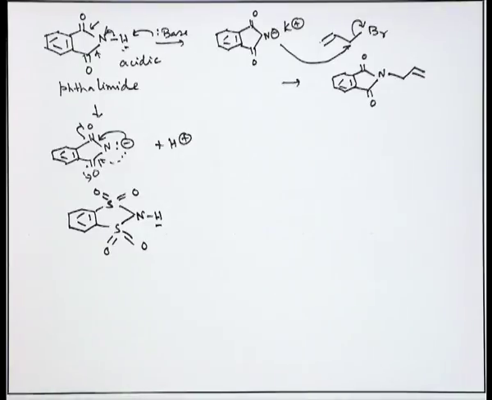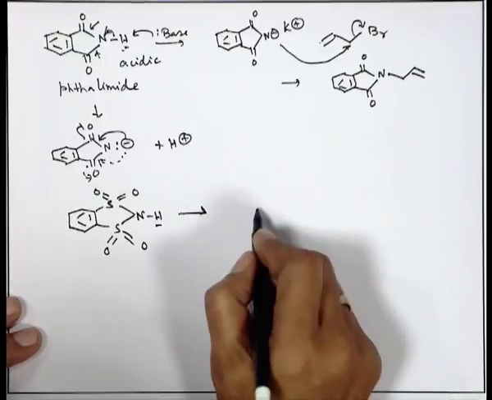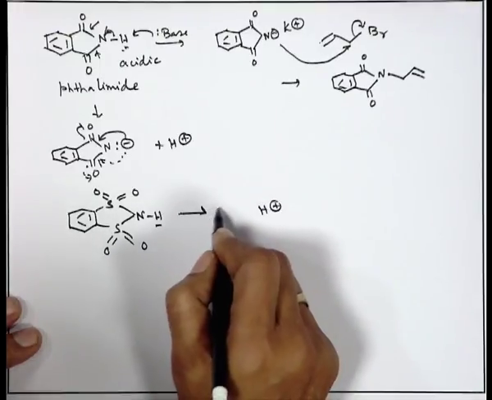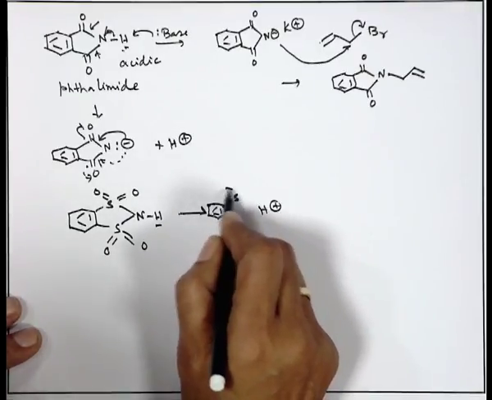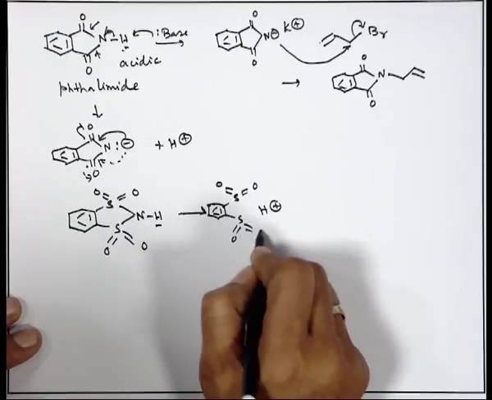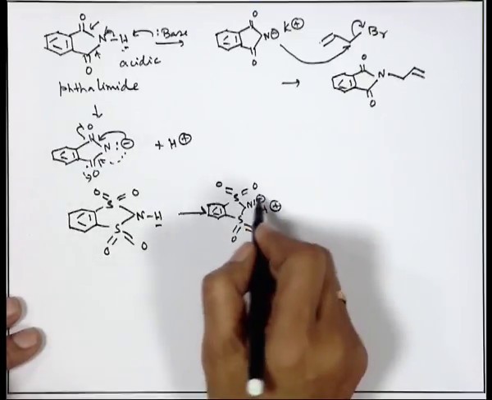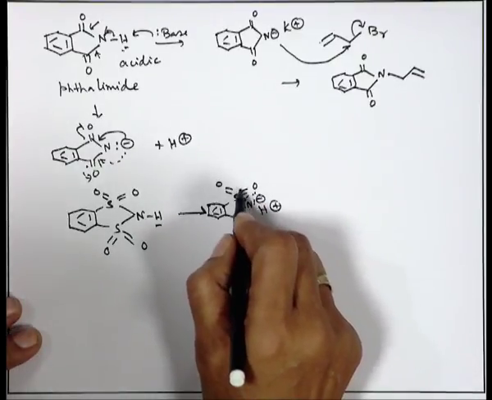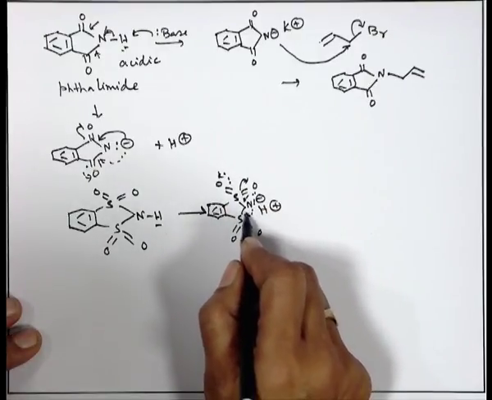It is unbelievable, because this proton is lost so easily. Why? Because after losing the proton, the remaining portion, that is SO2 this side, SO2 that side, the nitrogen atom having the lone pair of electrons gets delocalized in a number of symmetrical resonating structures.